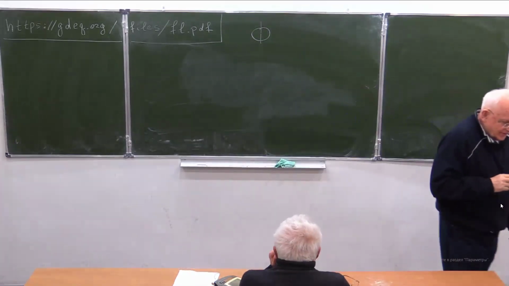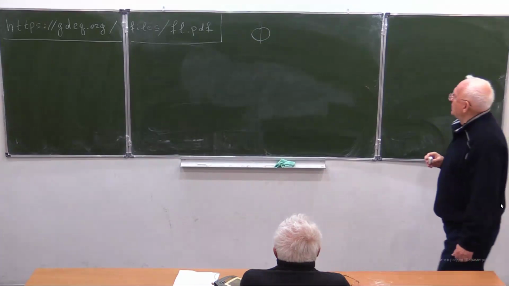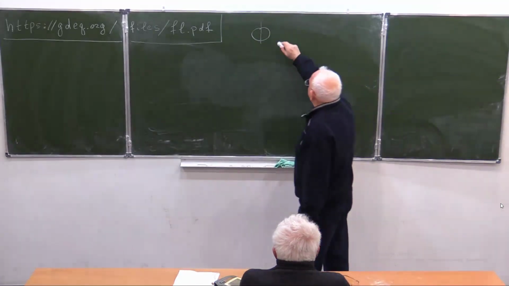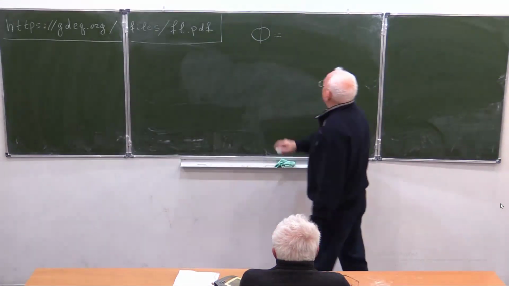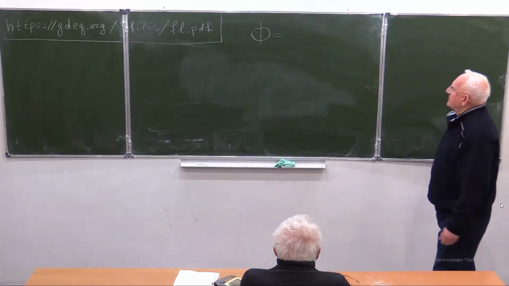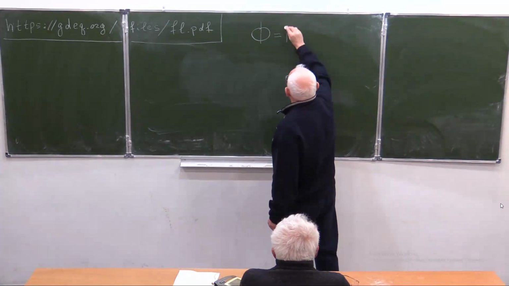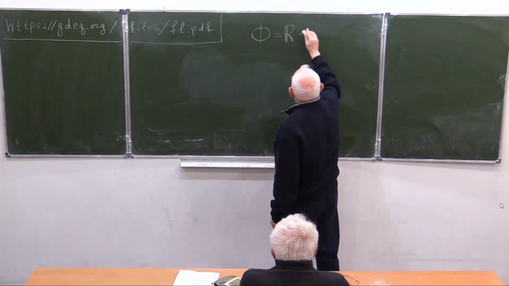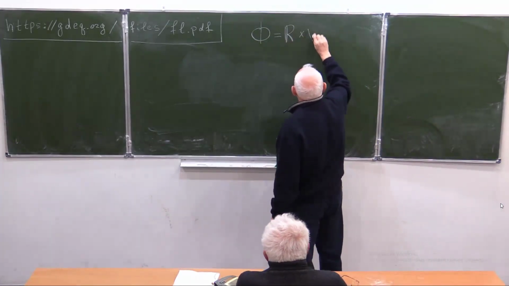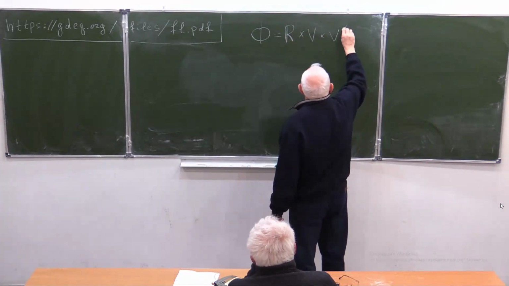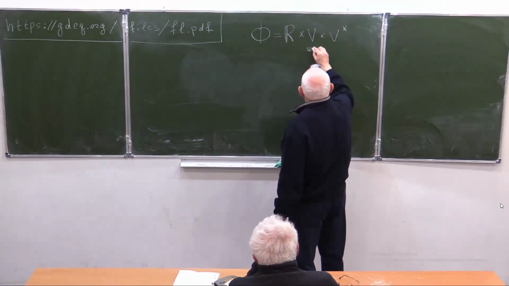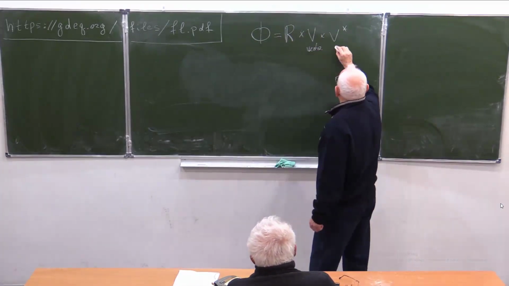we have a special four-dimensional space, we call it the thermodynamics phase space. It is the sum of the reals plus V and V star. This is a vector space, and this is its dual.